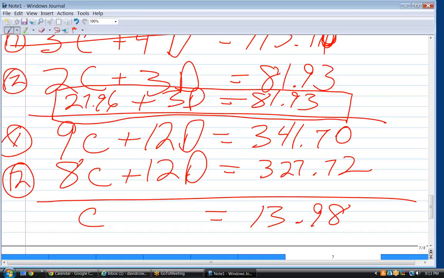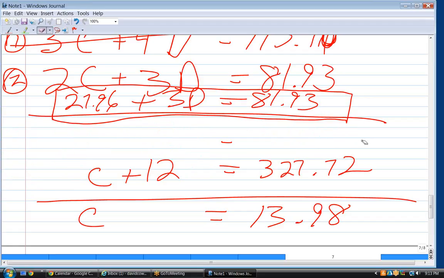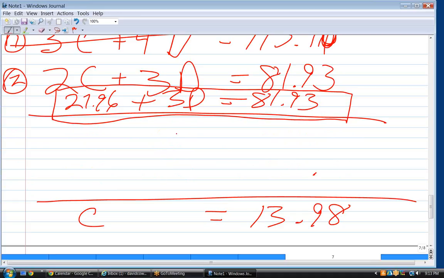Okay. So you would subtract 27.96 from both sides. It's 53.97. Okay, so we have 3D equals 53.97.